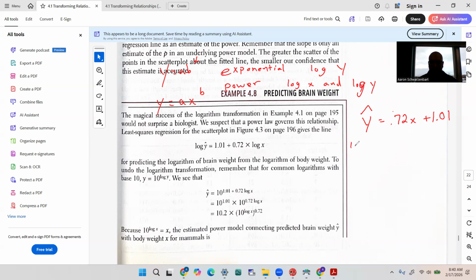So that means my actual equation is this. They reverse the order. It's the same thing either way.